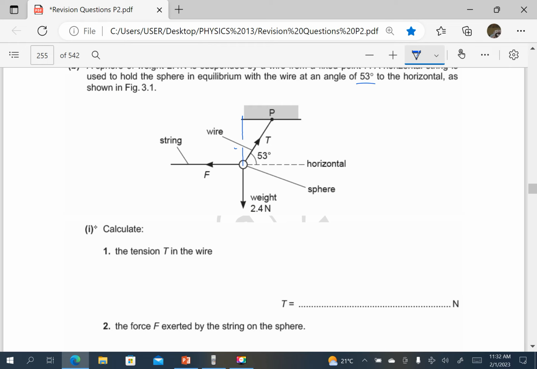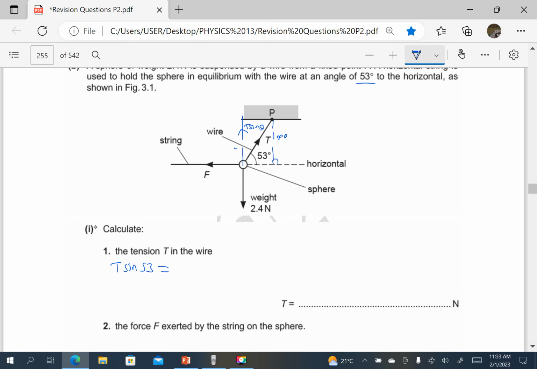So calculate T. If we want to find T, we can begin by resolving T in the vertical. T in the vertical points upwards. If I put a vertical line here, it means in the vertical it is opposite, and T is the hypotenuse, so that ratio is sine. So sine 53 is equal to the vertical component over T. Therefore, T sine 53 will point upwards.